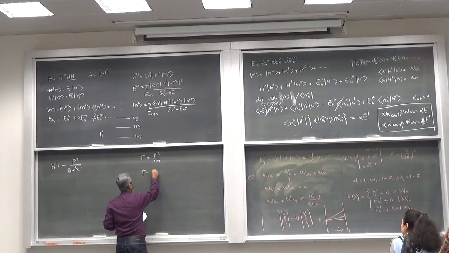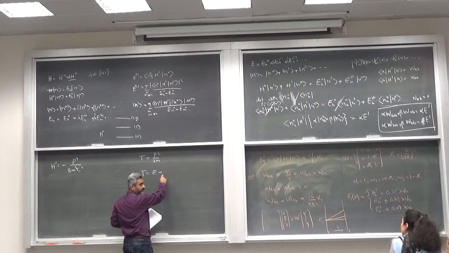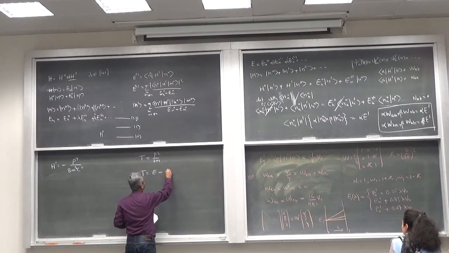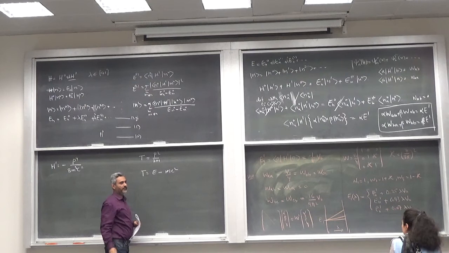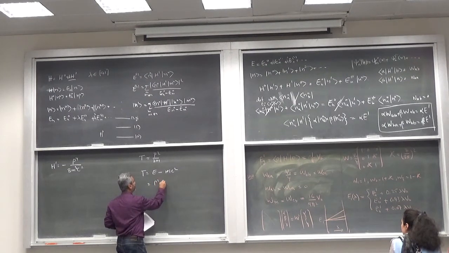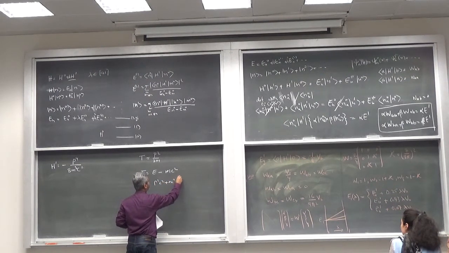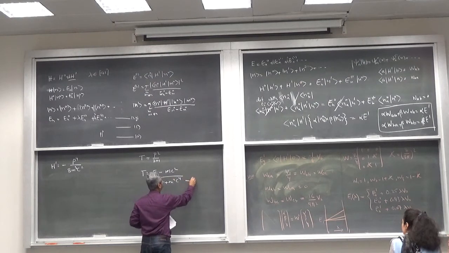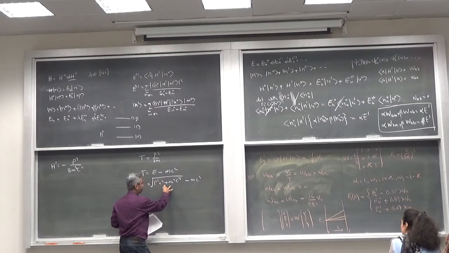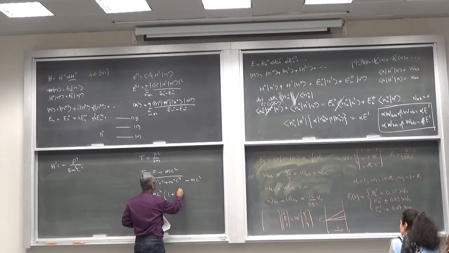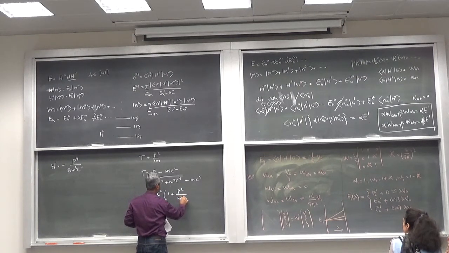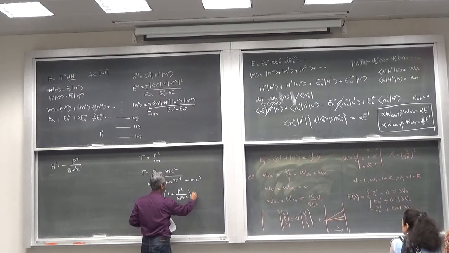How would you do this? T is equal to E minus mc squared, where E is the square root of P squared c squared plus m squared c to the fourth. So open this up, take mc squared common outside, and so this will become the square root of 1 plus P squared over m squared c squared, minus mc squared.